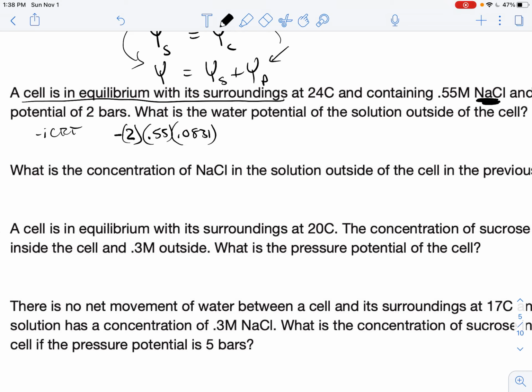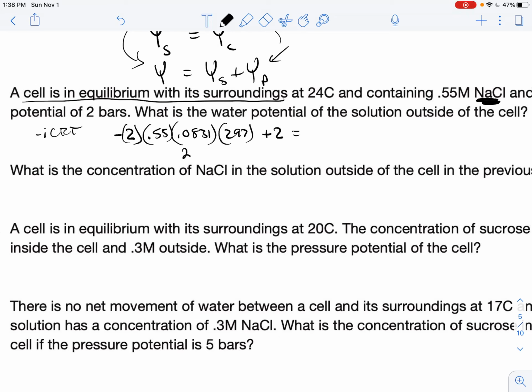And our temperature of 24 is going to bring us to 297. In this case, it's going to be plus 2. So we get our total calculation here. If I calculate this out, it's going to be 2 times 0.55 times 0.0831 times 297.